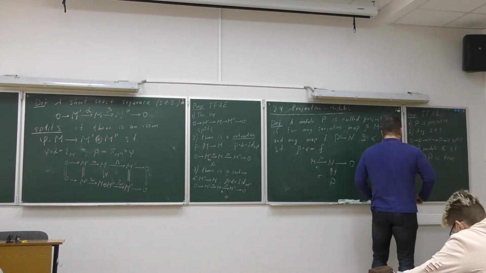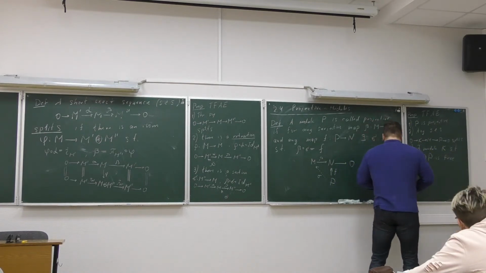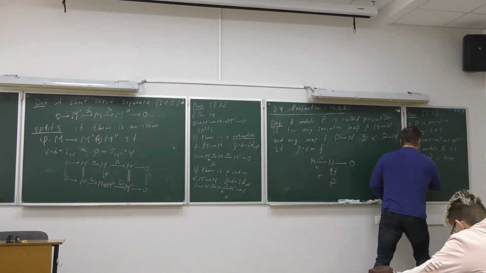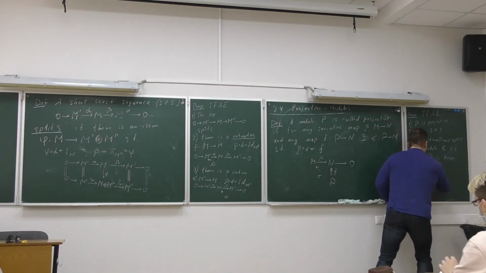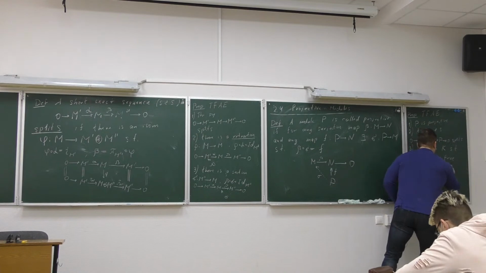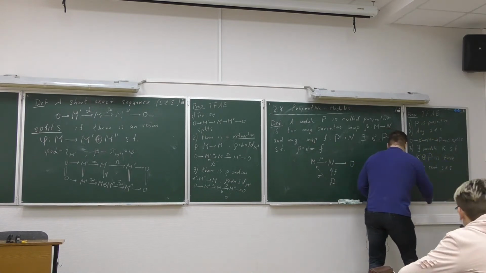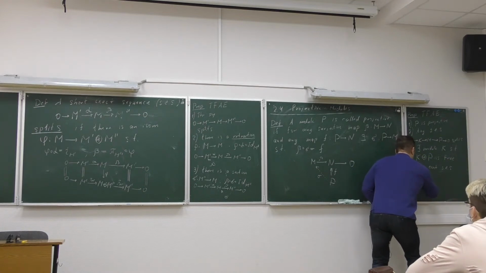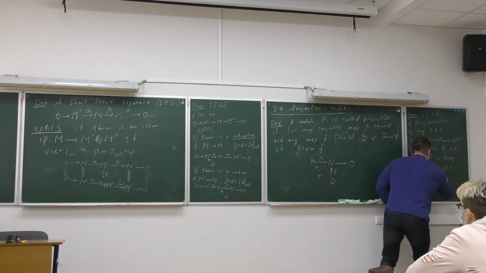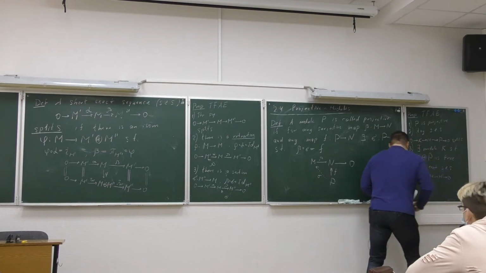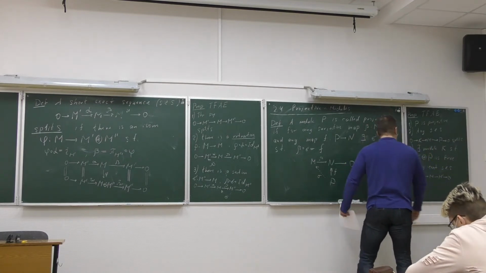So condition 4: any short exact sequence as before, 0, M prime, M, M double prime, induces a short exact sequence of Homs.